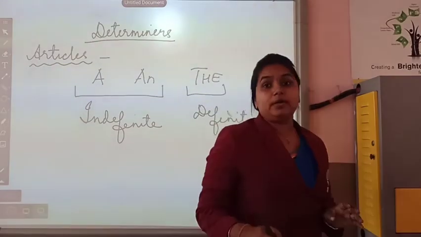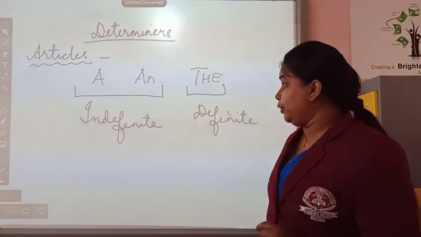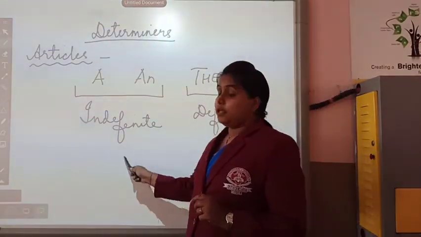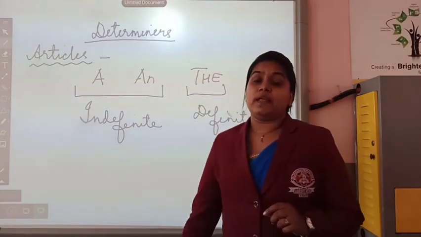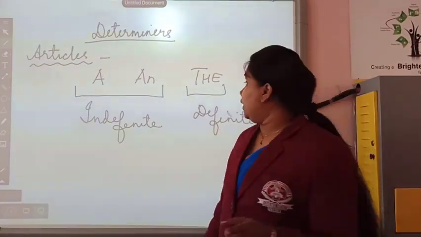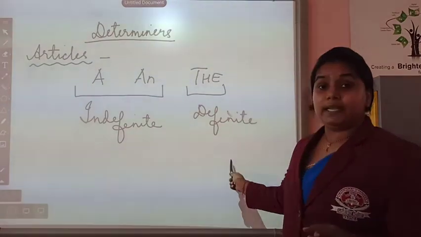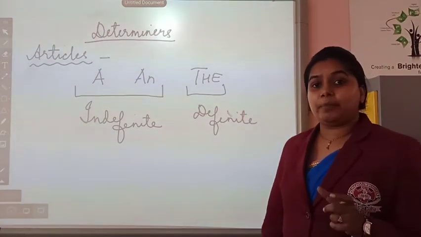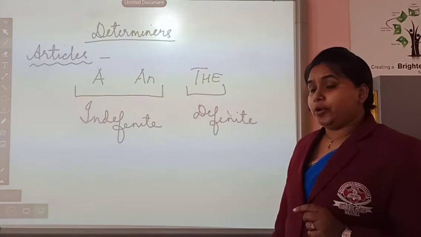From the name itself it may be clear to you. Indefinite, they are indefinite about the noun that they are pointing at, and the is definite, about the definite noun which it is pointing out.